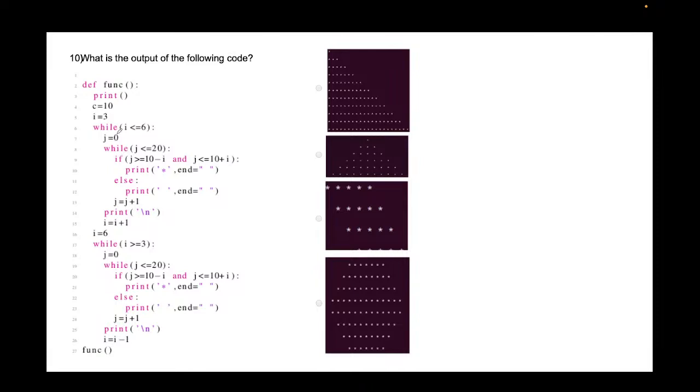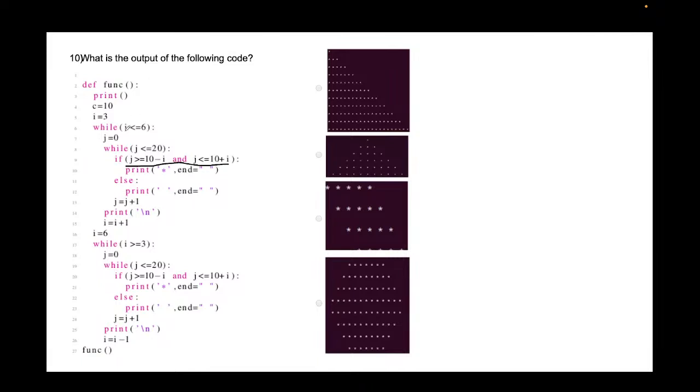If the iterator j satisfies this condition, it will print a star, else it will print nothing. And j is getting updated.